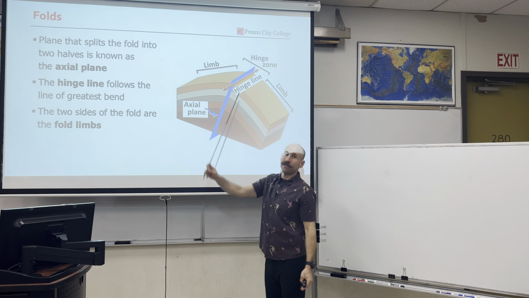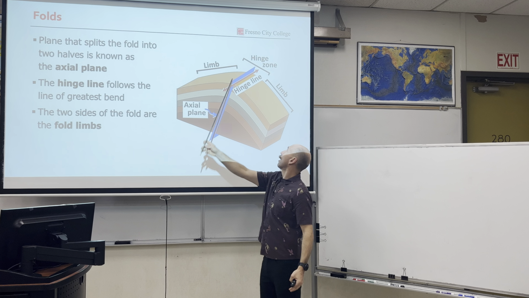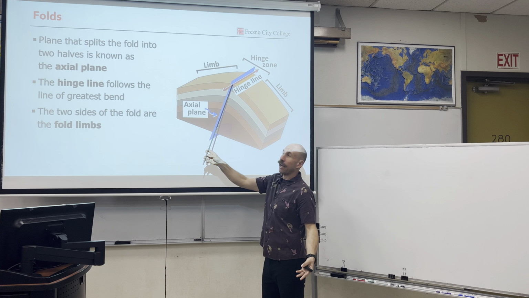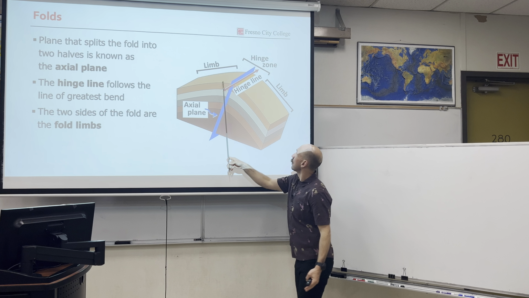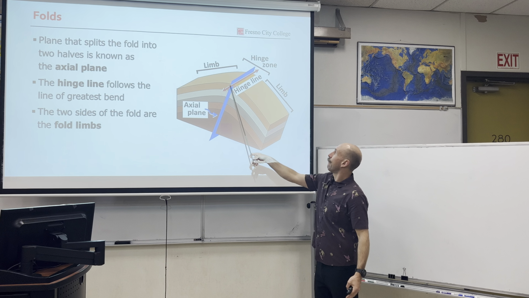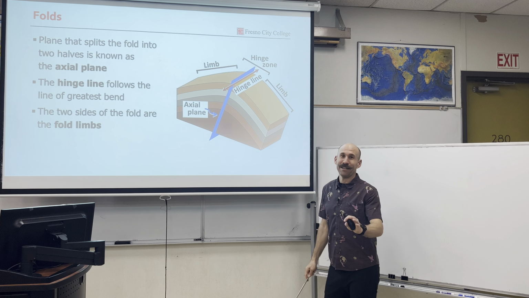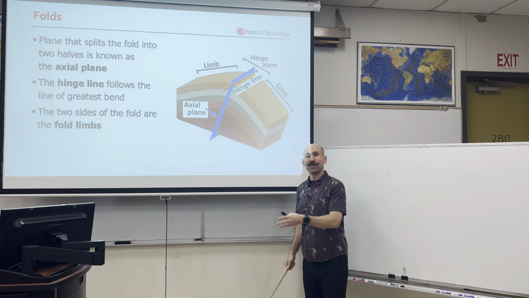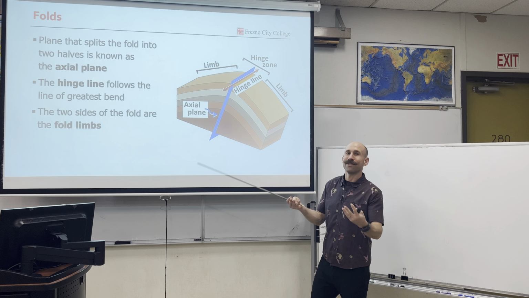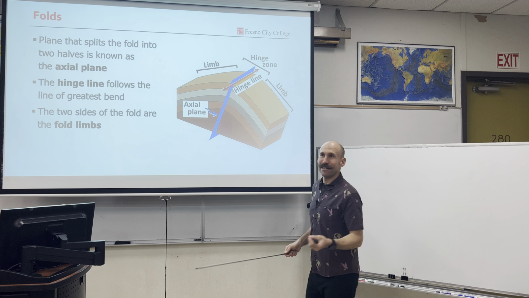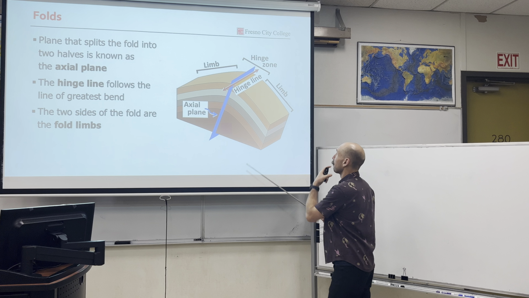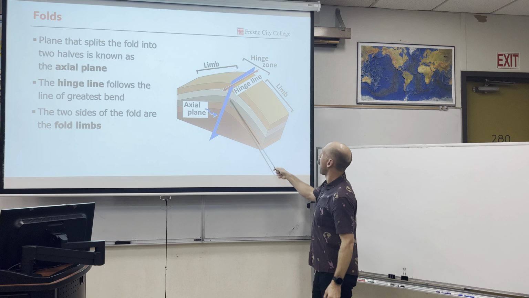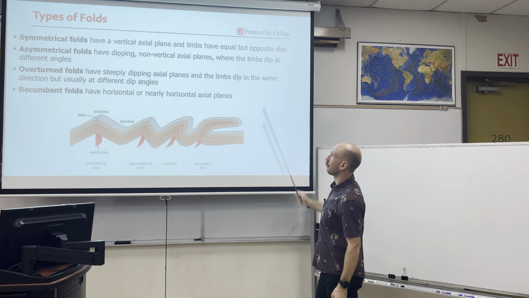And a line, right, planes are different than lines, the line that is going to go right across in line with the axial plane is the hinge line, usually giving us a hinge zone where you can have associated faulting, not always, but usually what we have are fold and thrust belts where folds and faults occur in unison together. But we're just talking about folds, so let's stay here. Fold limb, axial plane, hinge line.